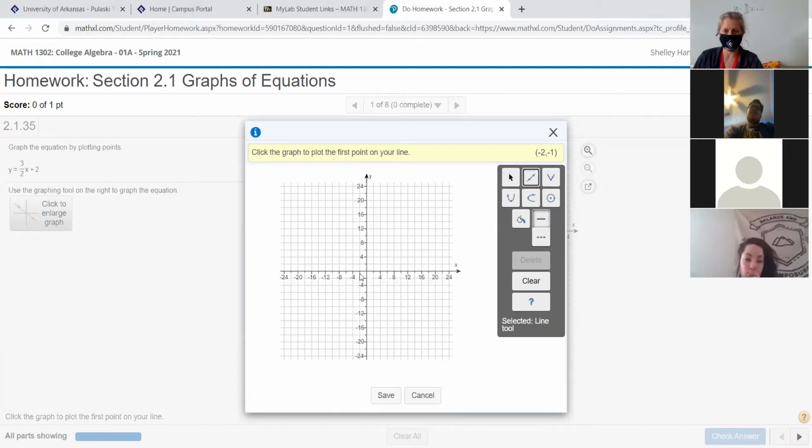And I'm going to hit my mouse. Now I need to plot this other point at 0, 2. When you move your mouse around, your line's going to be doing crazy stuff. Just ignore it. I'm going to get to 0, 2, which is where I need to be to plot my second point, and hit my mouse again.